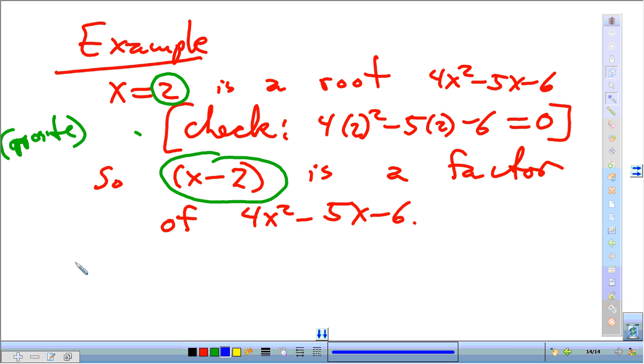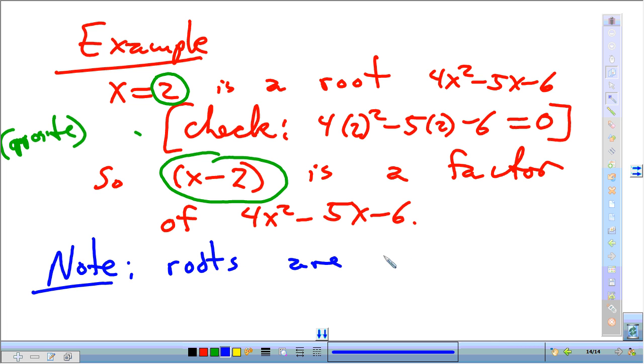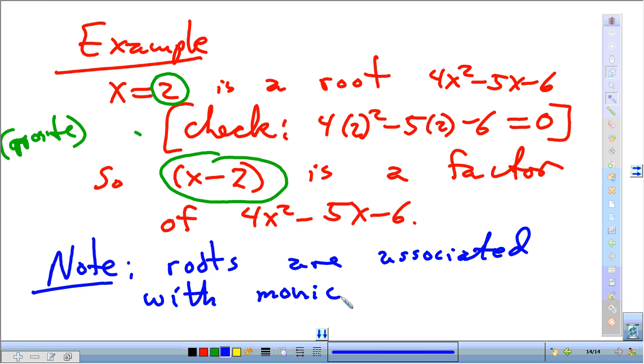Now, make a note here that in this association, the roots associate with monic factors.